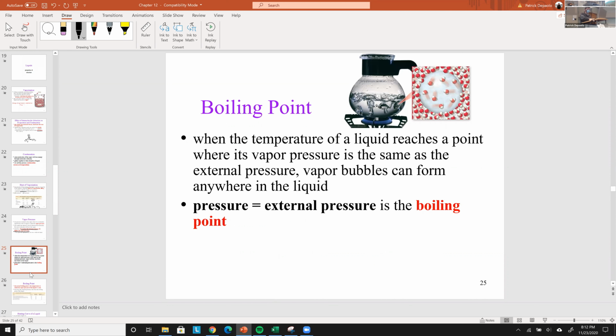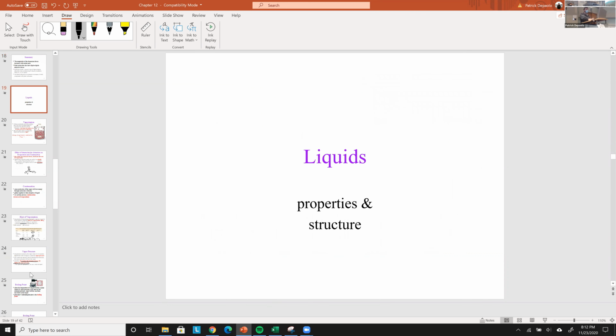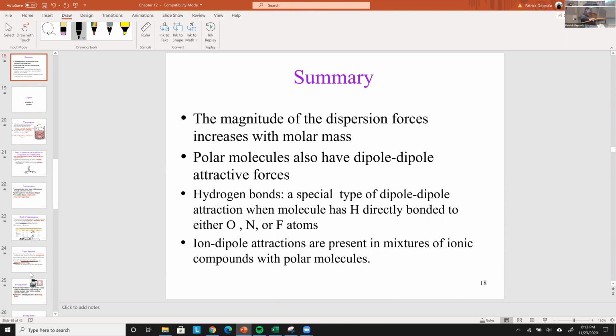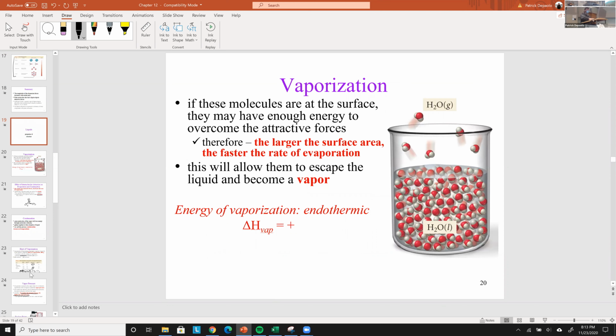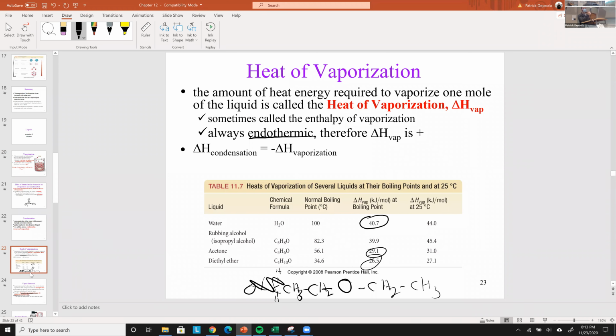Just to recap, the heat of vaporization is the energy required to vaporize a mole of liquid. The fewer forces there are, the lower the heat of vaporization. The stronger the forces, the higher the heat of vaporization.